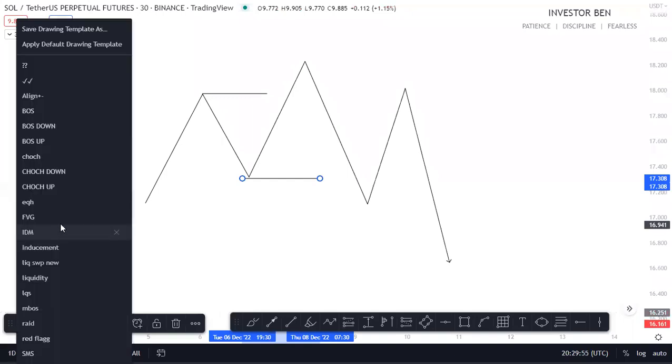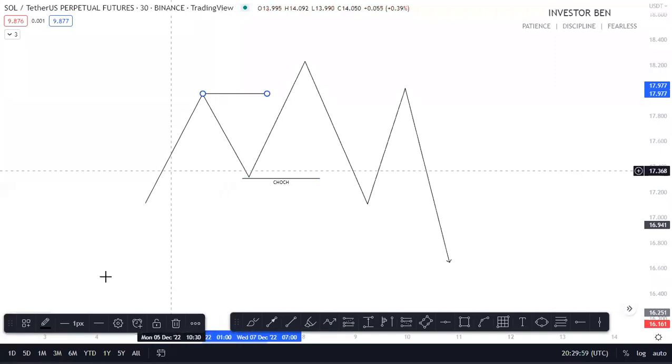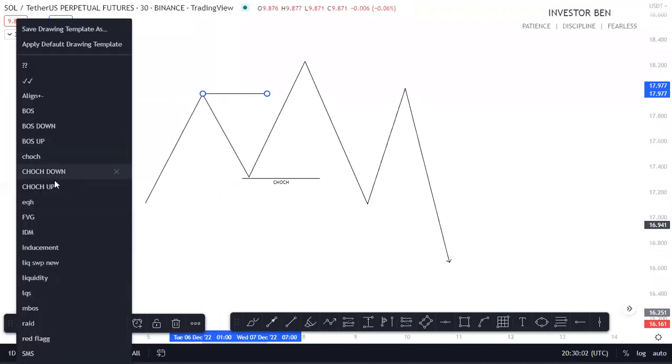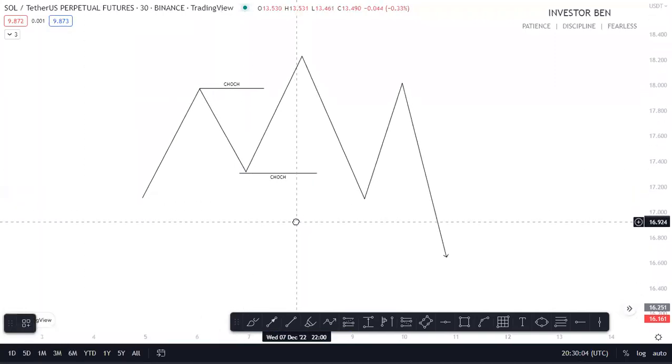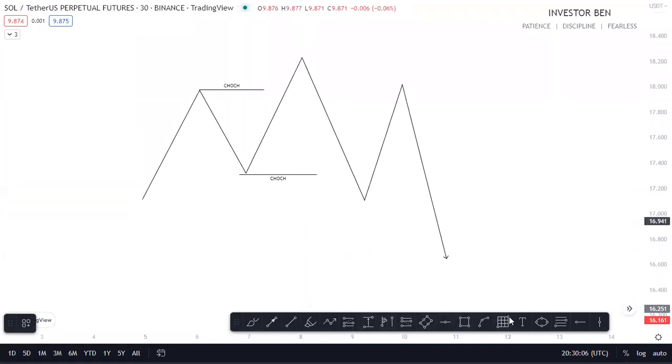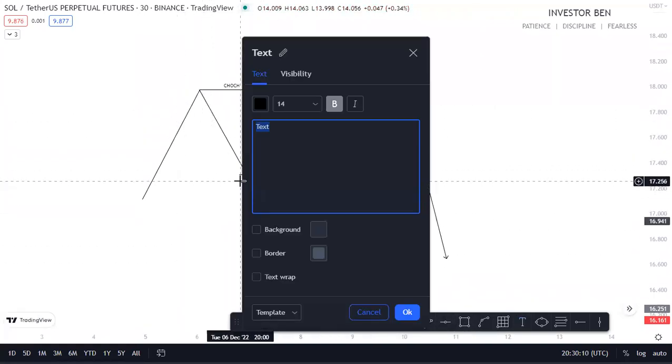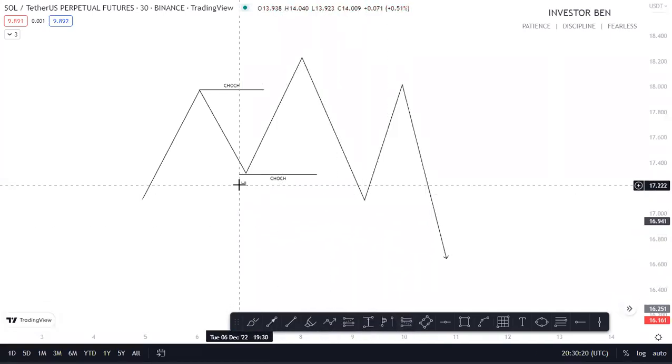This is a change of character. And in this change of character, you know your trend here. You know that this is a higher low, this is a higher low here, and this is a higher low here.